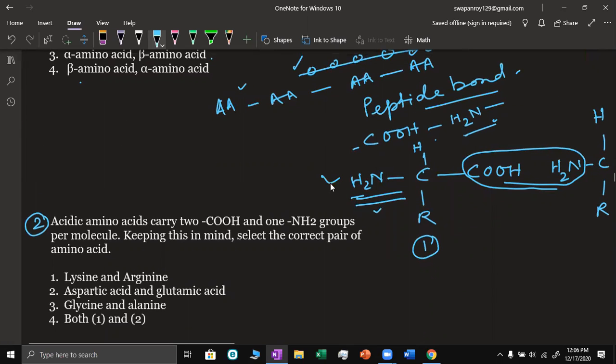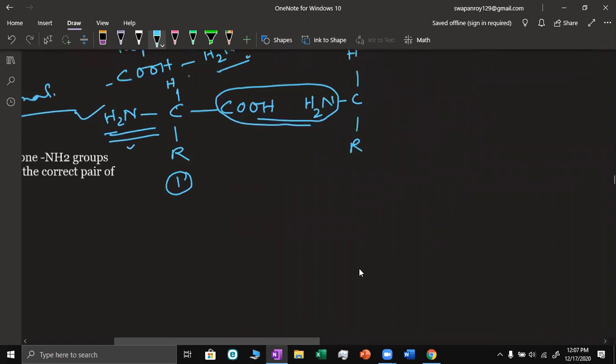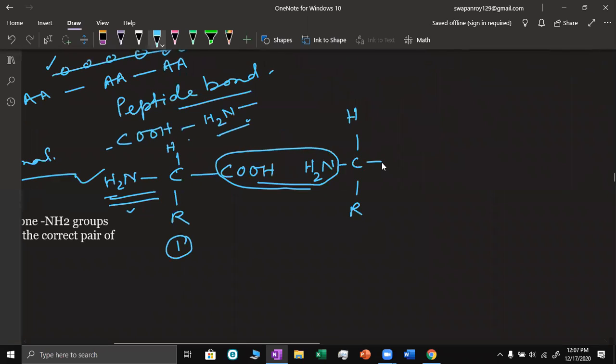And with the second amino acid, this one will always be free with the carboxylic group.